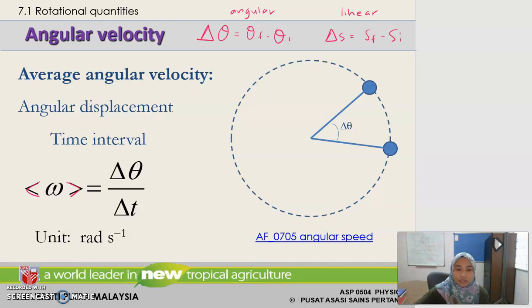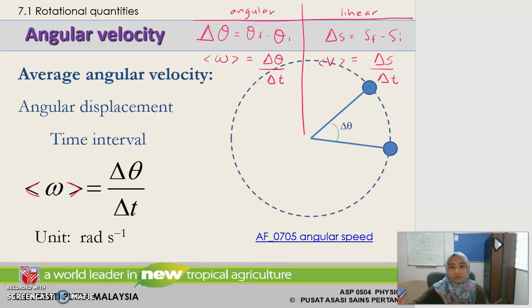So average angular velocity is omega, whereby delta theta over delta t. In the linear world, we have v average equals delta s over delta t, right? Okay, so it's similar, but not really. It's for circular motion, and this is for linear motion.